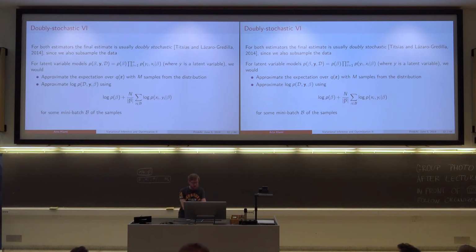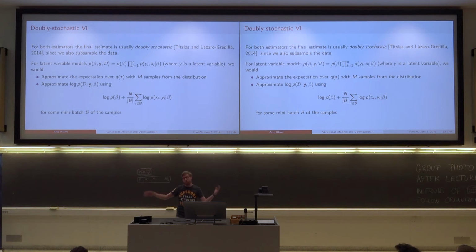It also kind of justifies that it's okay to be relatively inaccurate when computing the expectation. We are anyway computing the expectation over an approximation of our log of p.